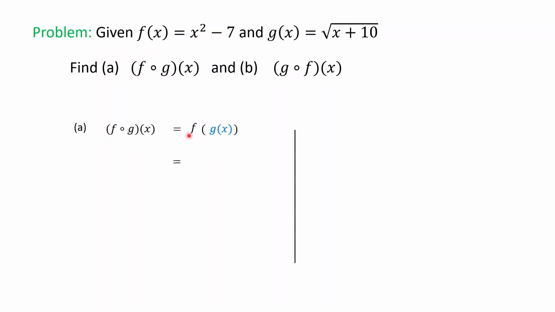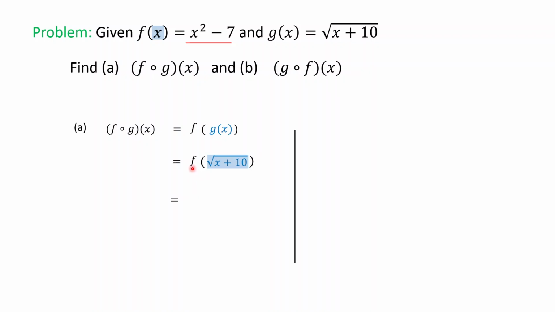Equal to f, parenthesis, g of x is this. So substitute this for g of x. Close the parenthesis. This is equal to, you have f. F is this. Here you have square root of x plus 10. But here you have only x.